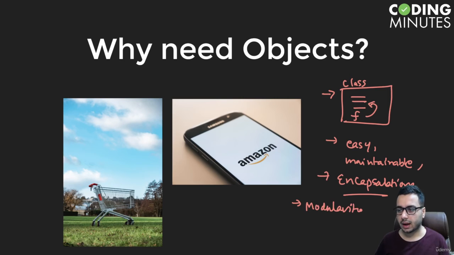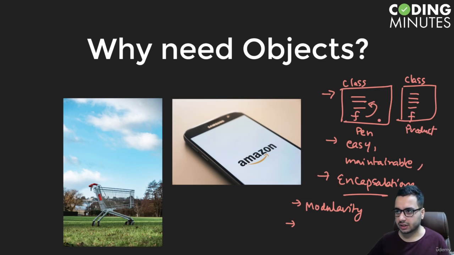It also ensures that we are not able to interfere with data that belongs to some other class, so it provides protection against unauthorized access. Maybe this function is written for the pen class, and another function is for some other product class.